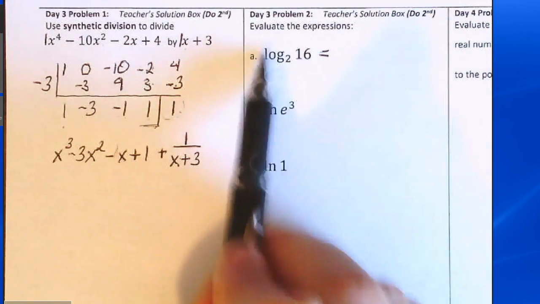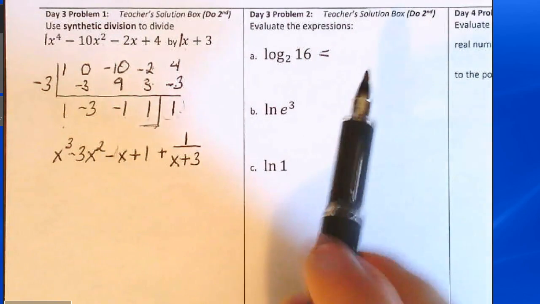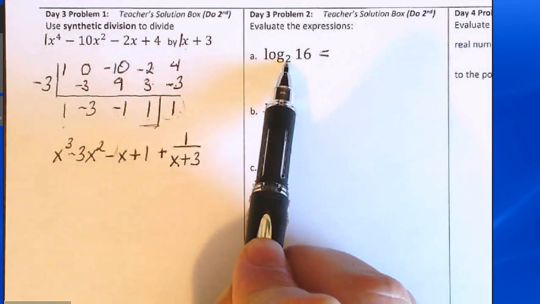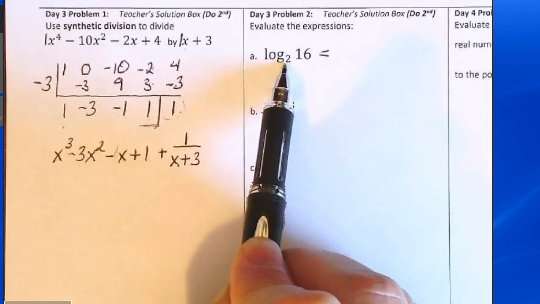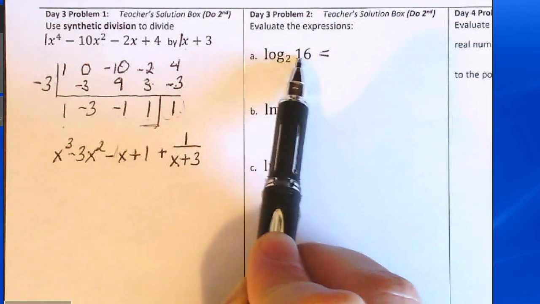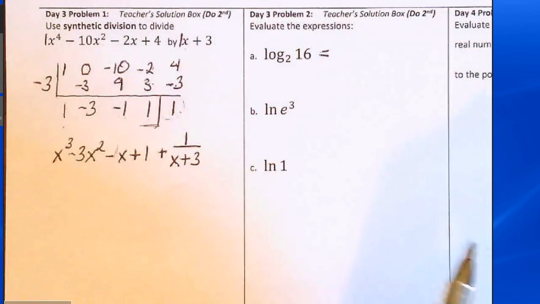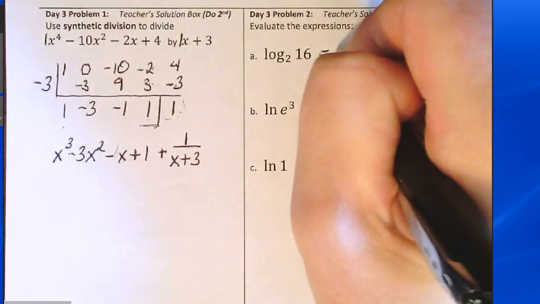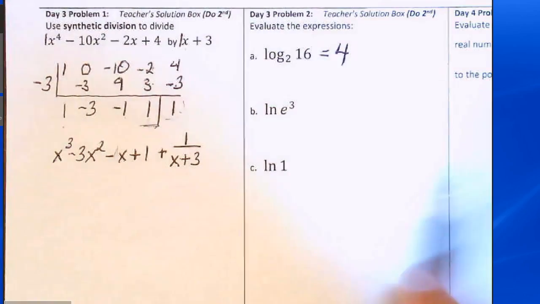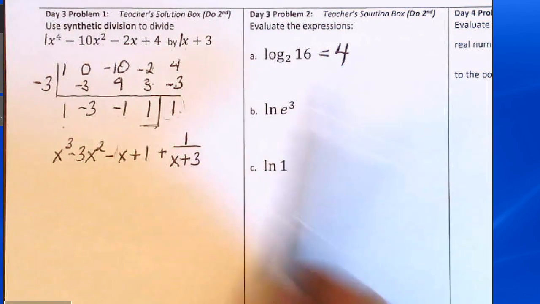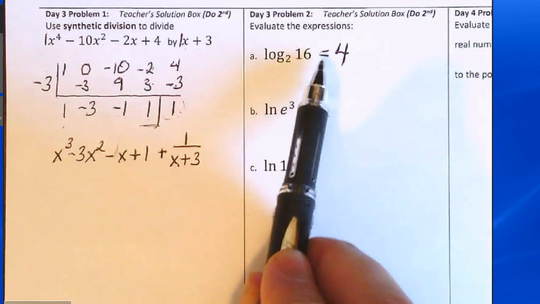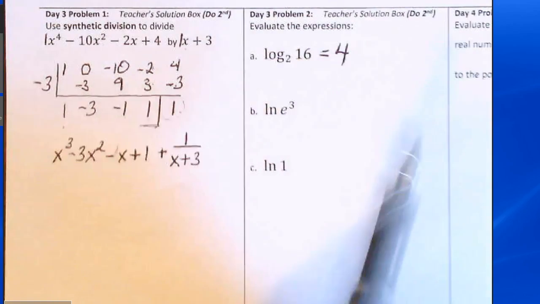Evaluating a logarithm means to figure out what power is necessary to raise the base to get that number right there. So 2 to what power makes 16? 2 to the 4th power is 16, and so the value of this log is 4. The log base 2 of 16 is equal to 4.